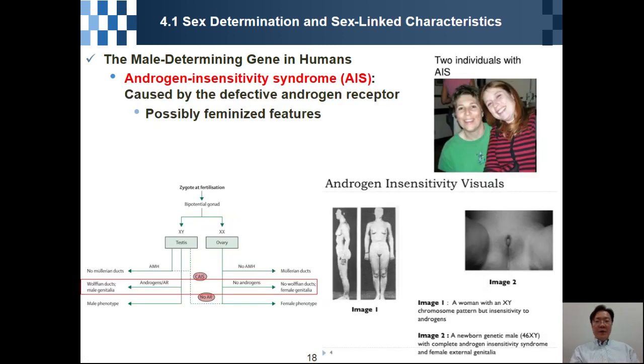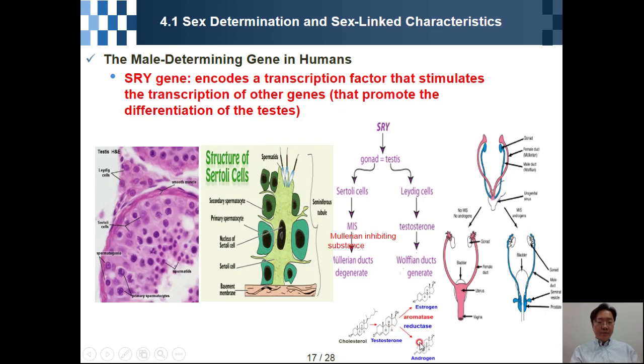We will learn about androgen insensitivity syndrome. In the previous slide, we learned that androgen, which is changed from testosterone, plays a very important role in Wolffian duct generation. So what is the Wolffian duct? The Wolffian duct is the male genitalia, the male reproductive organ, okay?